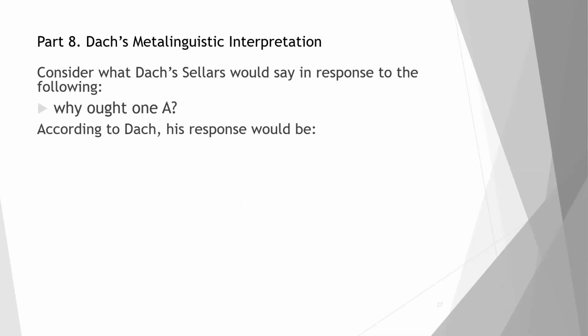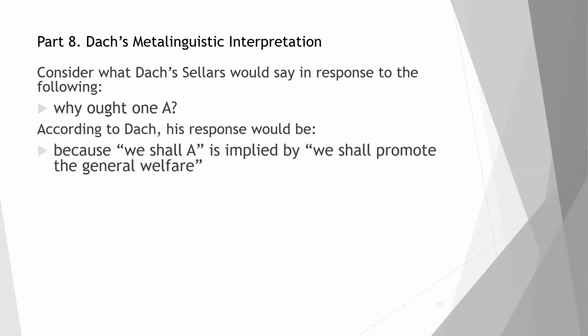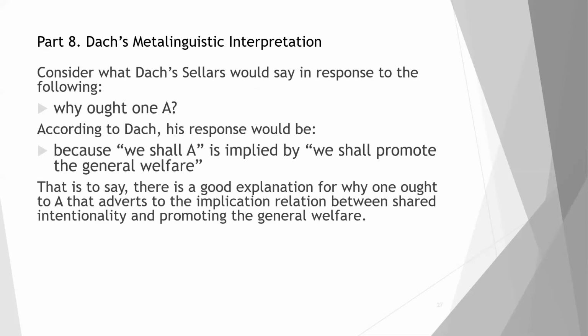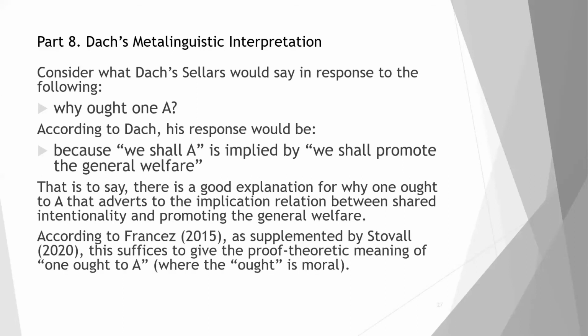A response would be, because we shall A is implied by we shall promote the general welfare. That's to say there's a good explanation for why one ought to A that cites the implication relation between shared intentionality and promoting the general welfare. But according to Francez and my work, that suffices to give the proof theoretic meaning of one ought to A.